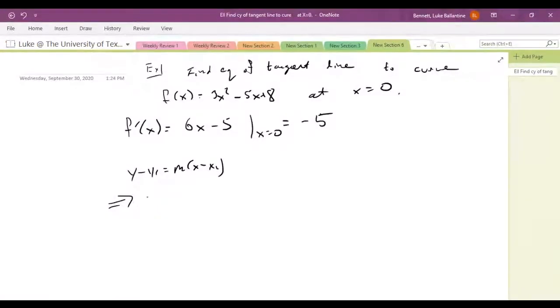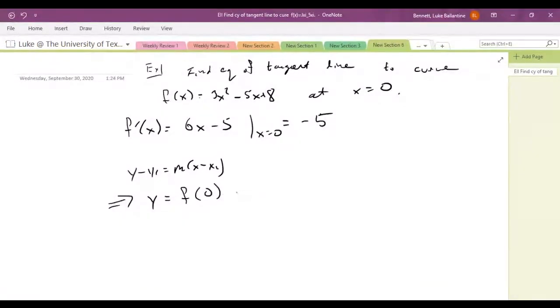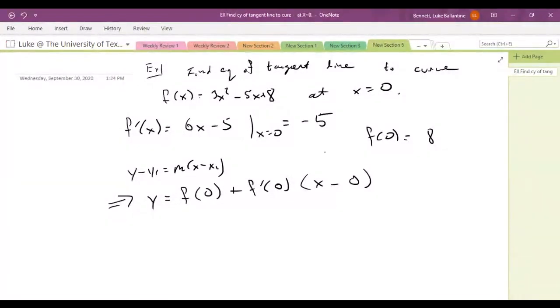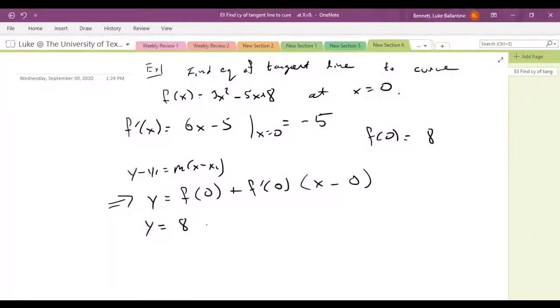Well, really, let's rearrange this. Let's call this y is equal to f of 0 plus f prime of 0 times x minus 0. Well, f of 0 is really 8. F prime of 0 is negative 5, so we have y is equal to 8 minus 5x.